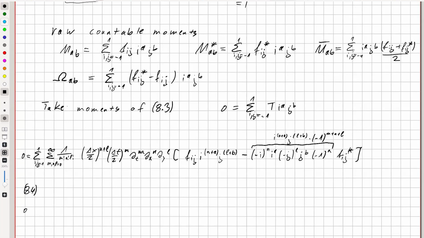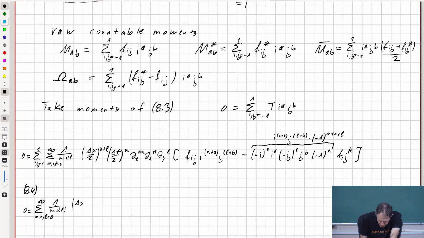By saying this, 0 is equal to the sum over m, n, l equal to 0 going to infinity of 1 over m factorial n factorial l factorial. So we still have delta x half to the power of n plus l, delta t half to the power of m.